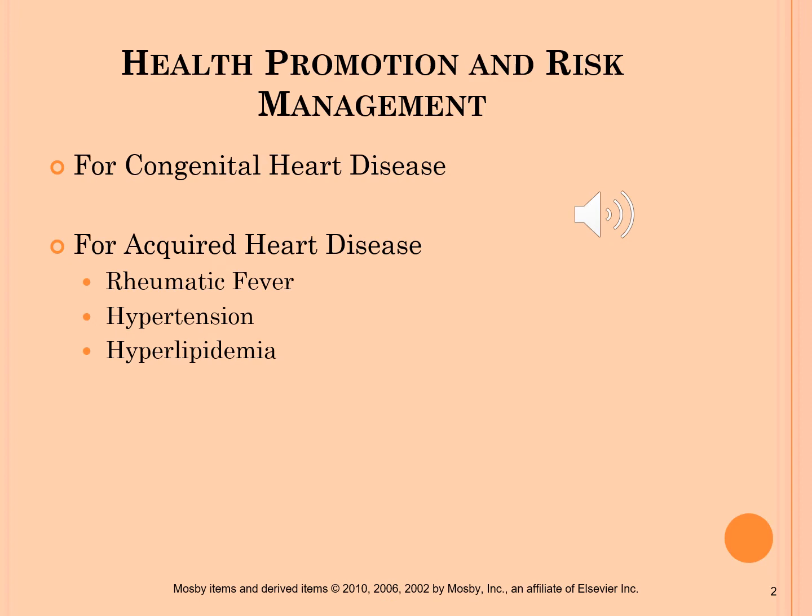When we talk about risk management for congenital heart disease, we really look at associations with familial patterns of inheritance. We know that if there is a parent or a sibling that has a congenital heart defect, there's definitely a higher risk for any offspring or another sibling to have a congenital heart defect. So it's important to assess familial patterns of inheritance.